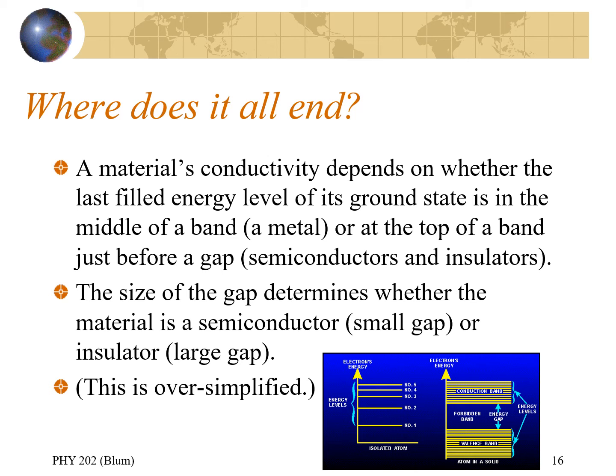And if, in the filling process, we end up at the top of a band, then we have a semiconductor or an insulator. That's determined basically by the size of the gap between that just filled band and the next. This is a bit oversimplified, but this is the basic idea.